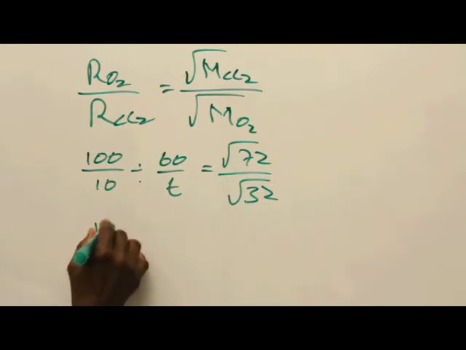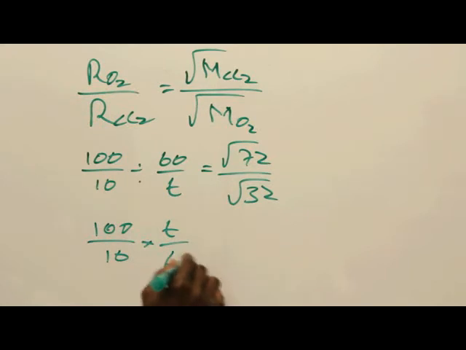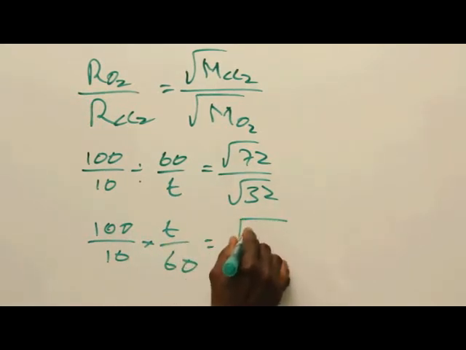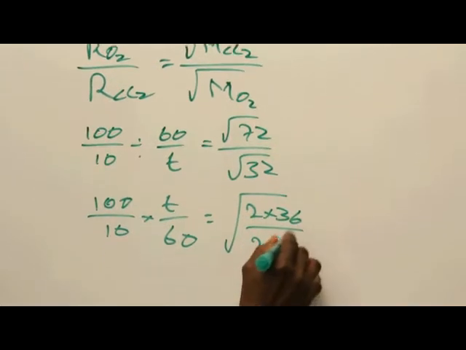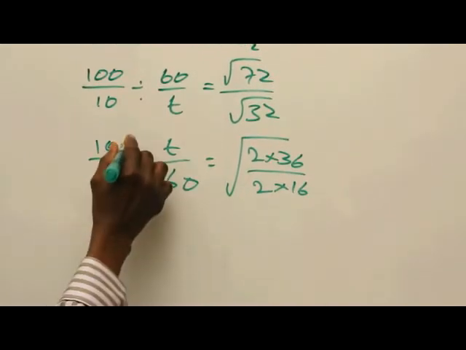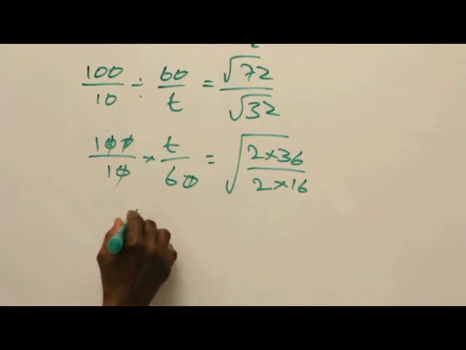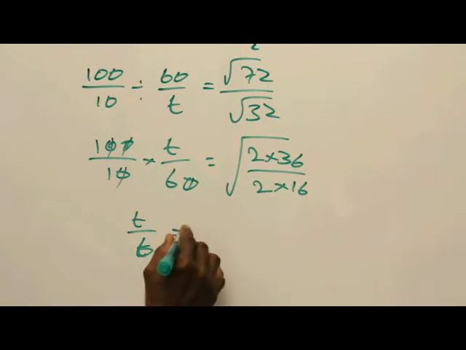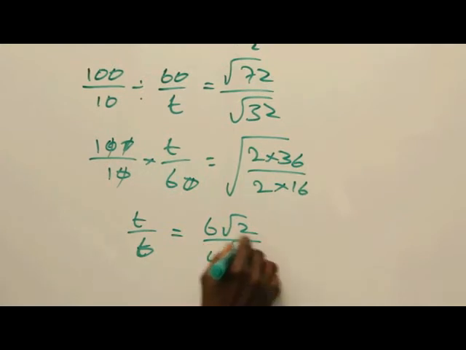And so 100 divided by 10 times T over 60 equals, let's say a common square root, 2 times 36 over 2 times 16. And so if we cancel out, we find T over 6 is equal to 6 root 2 over 4 root 2.